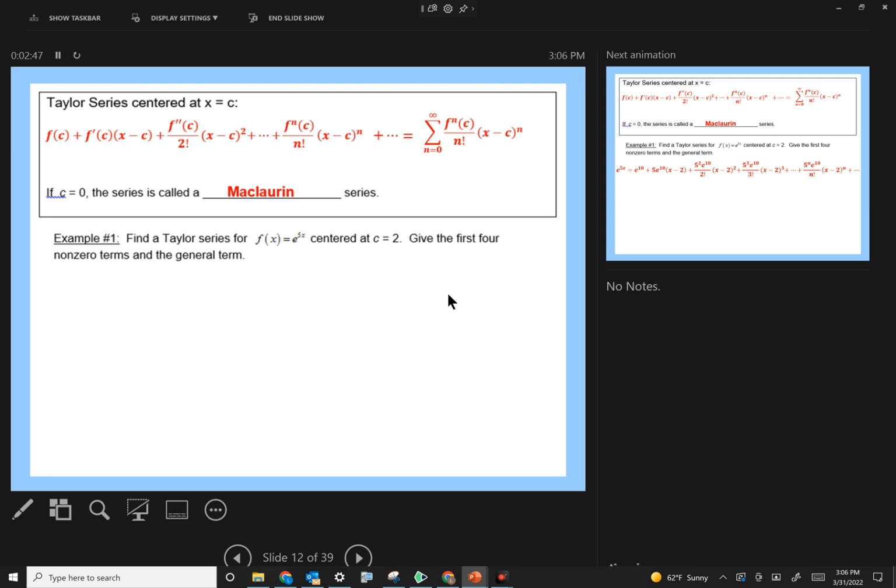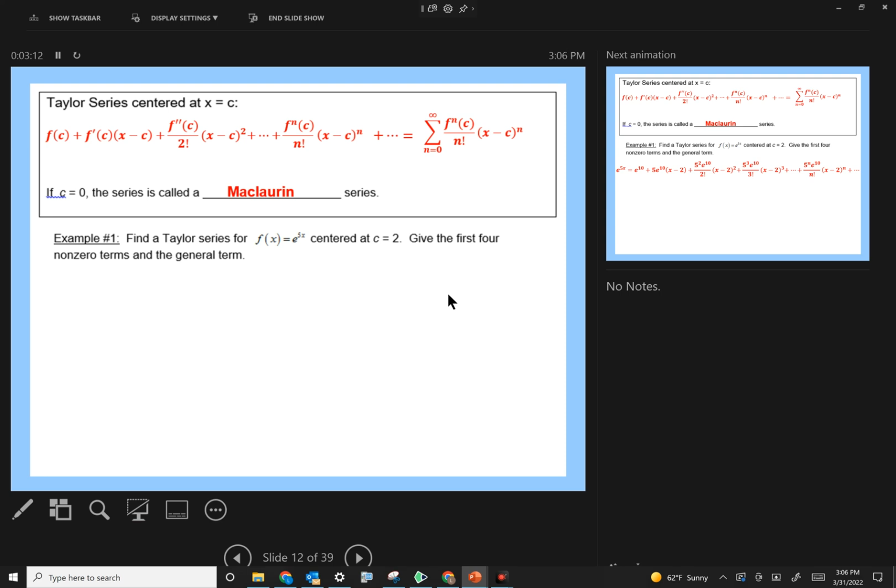By noticing that, I'm already starting to see the pattern. E to the 5x. And the fourth derivative is what? Don't say 625, even though I know you know it. 5 to the 4th, e to the 5x. Okay, centered at what? 2.